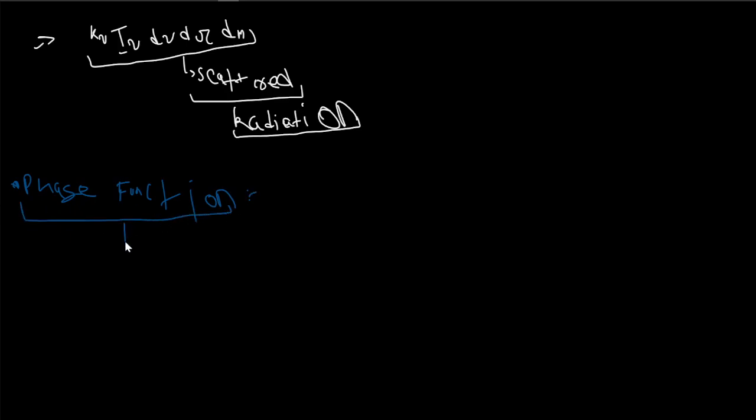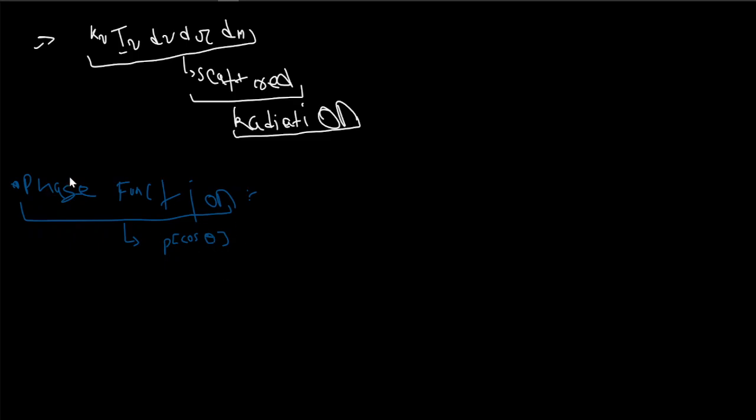Generally the phase function is represented as p cos, let's say I give it another name, theta. Please don't confuse it with the theta that appeared in the previous equation. I'm going to tell you what it is.